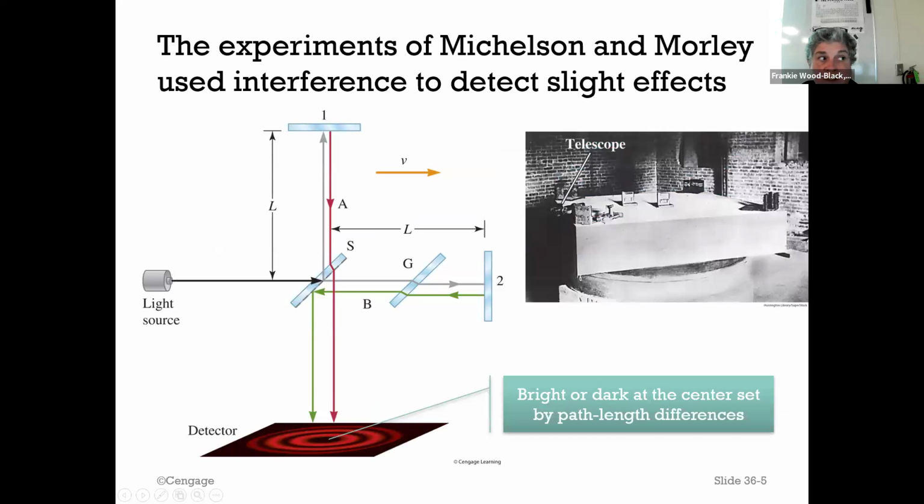This is a Michelson and Morley interference. We can set it up to get our waves in and out of phase from each other so that you can get the rings. We use these interferences to detect slight effects. We use interferometers, and it doesn't matter the waves, even though we started with these detectors for light.